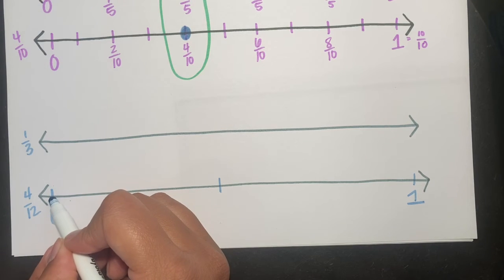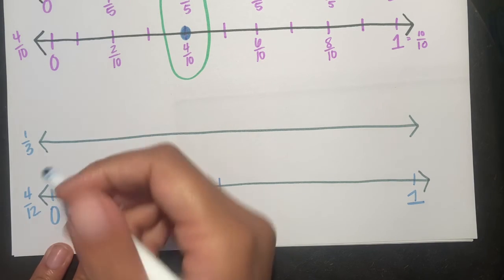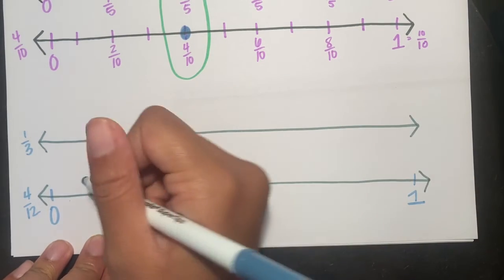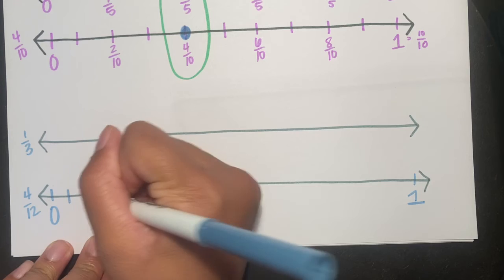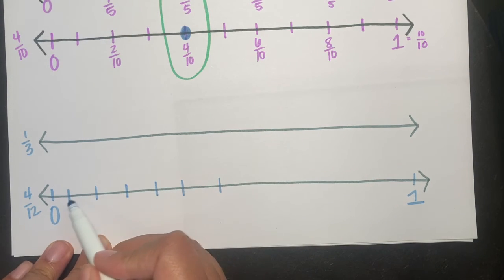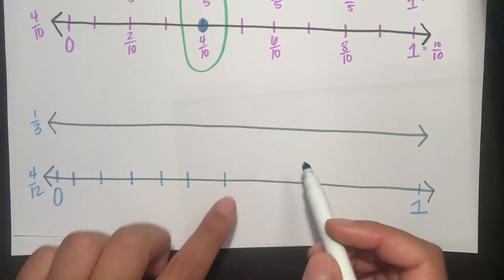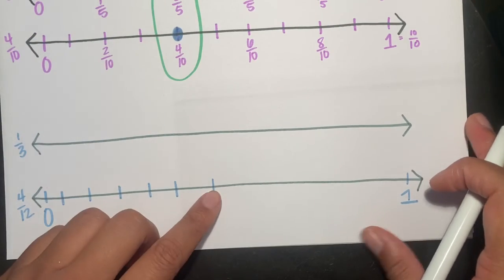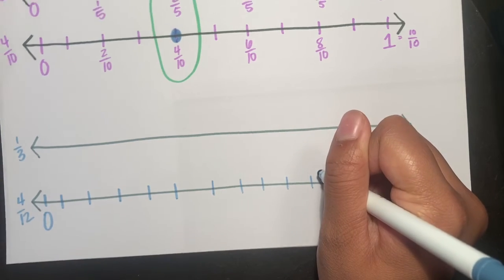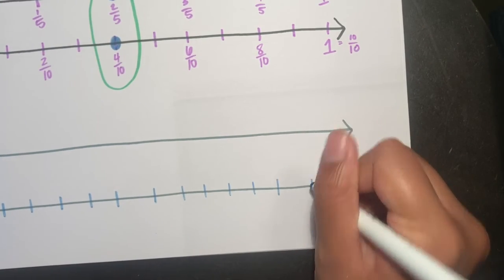That's already technically a mark. So we need 6 on this side, 6 on this side. That's 6, so 1, 2, 3, 4, 5, 6. And 1, 2, 3, 4, 5, 6.